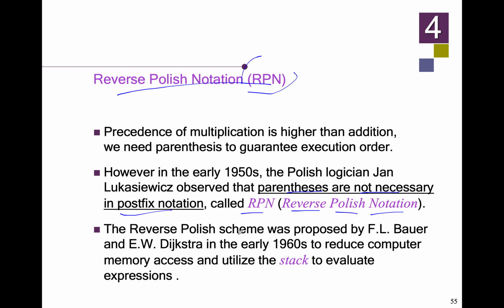In a reverse Polish scheme proposed by FL, oh I like FL name, and EW blah blah blah, to reduce the computer memory access and utilize the stack to evaluate the expressions. So what does this long explanation mean? This one is the reverse Polish notation, and this is where you're going to apply your LIFO.